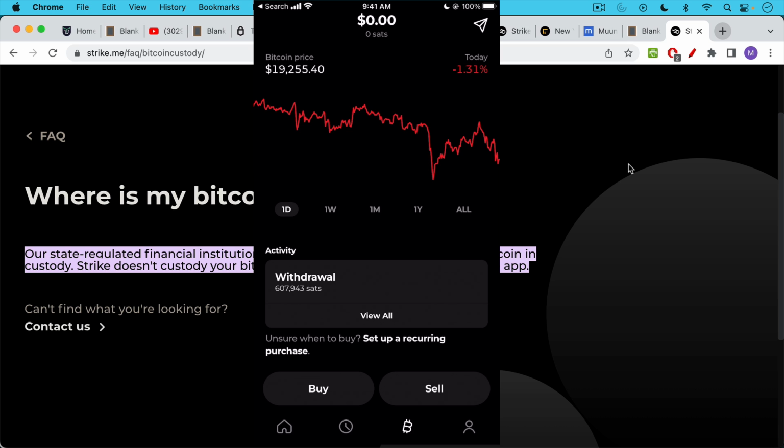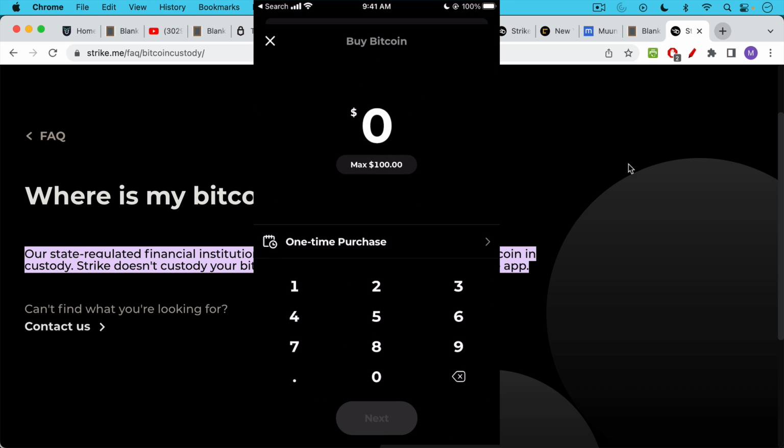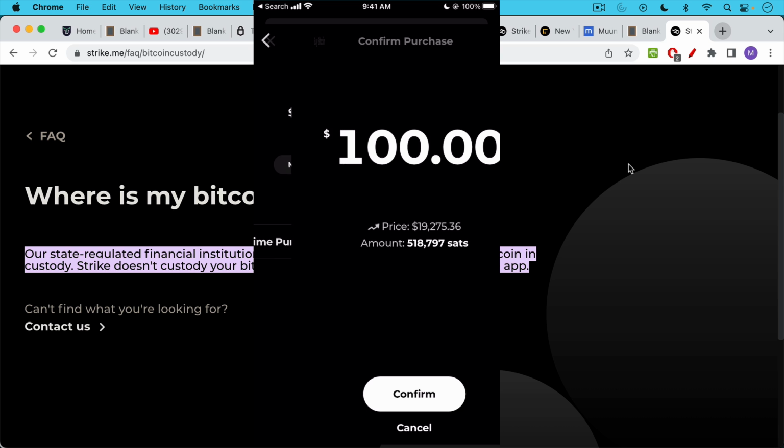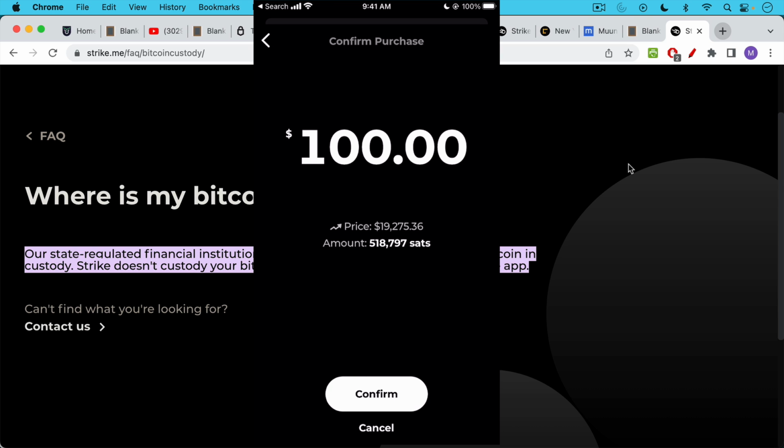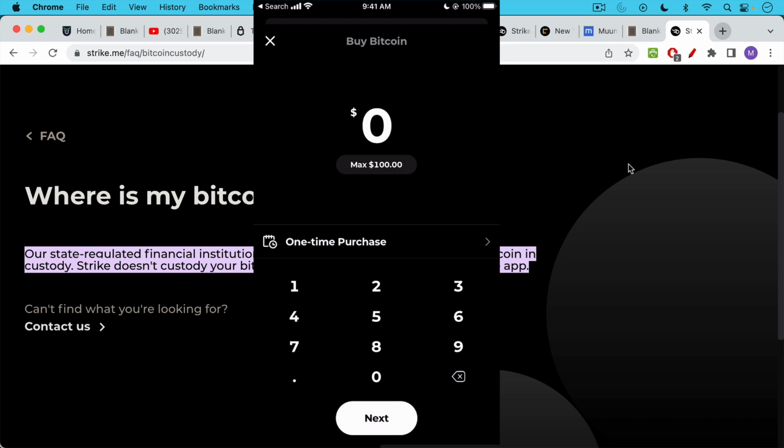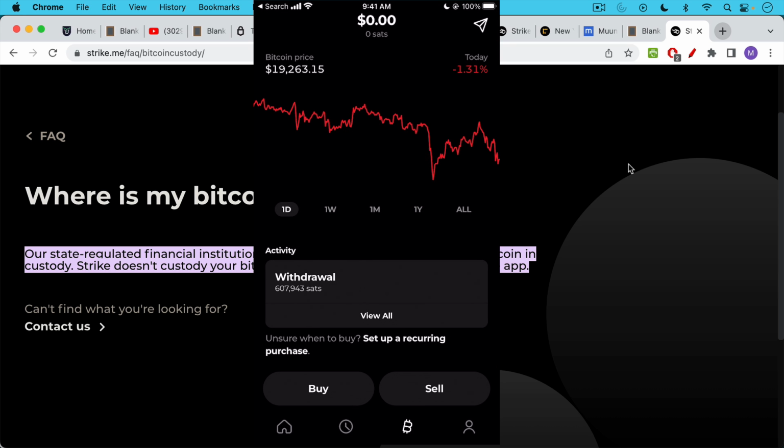I would just click the buy button right here. And then the maximum amount I could buy right here is $100. That's how much I have in this account. And then I could just click confirm. It would buy the Bitcoin. And after I do that, I can send it to myself using this little paper airplane in the upper right-hand corner. I can send it to the address associated with a hardware wallet that I control.